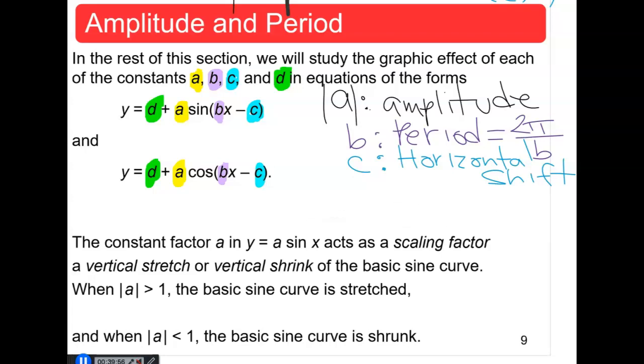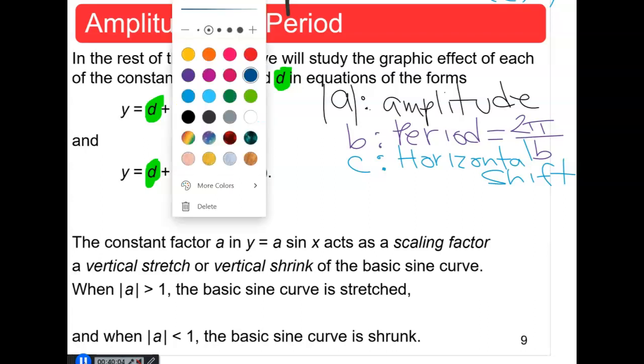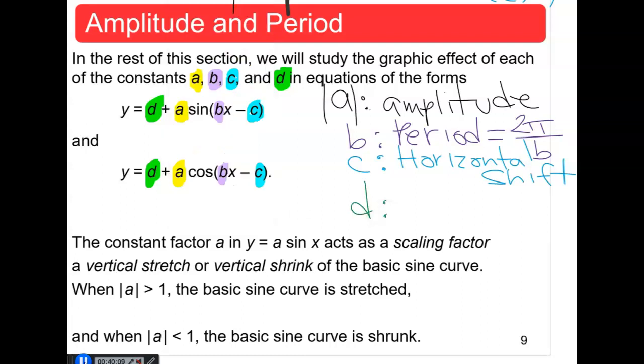And then finally, we have the letter D, and the letter D is going to be representing the vertical shifting. So it's going to tell us if the graph is going to move up or down or stay the same, with those key points being on the x-axis, let's just say that.